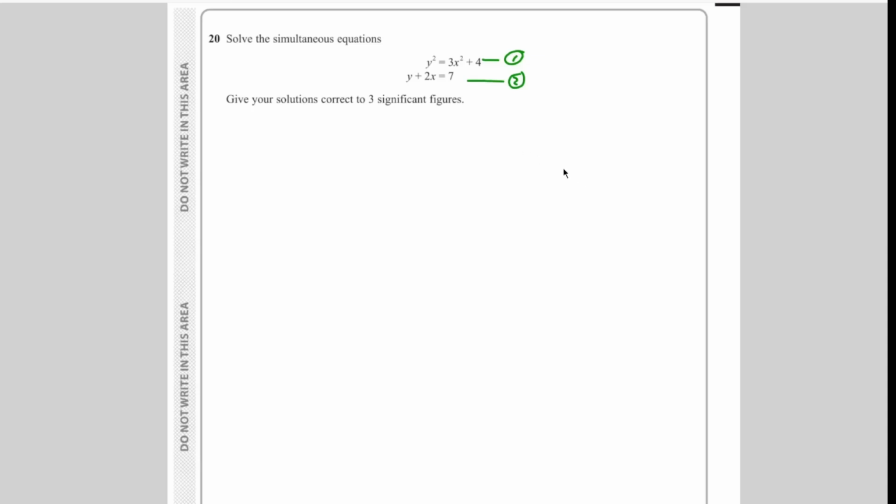This is linear and non-linear. So identifying which equation is linear and which one is non-linear is super important. What is that? If you spot these two equations carefully, can you see one equation contains powers and the other equation does not contain any powers.